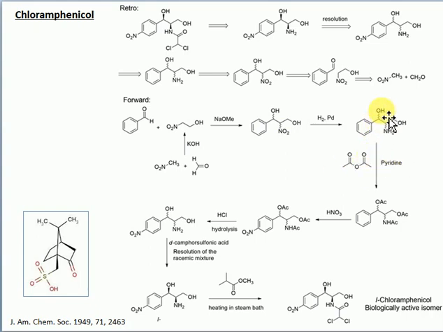Both the alcohol and amine groups are acetylated strongly, so that all alcohols and amines are acetylated by acetic anhydride in presence of pyridine.